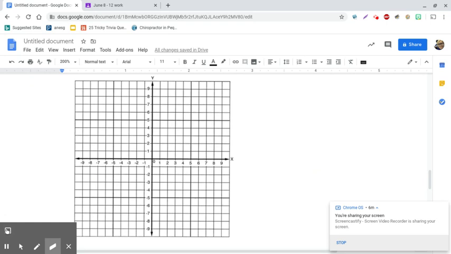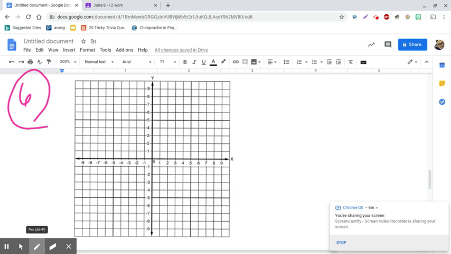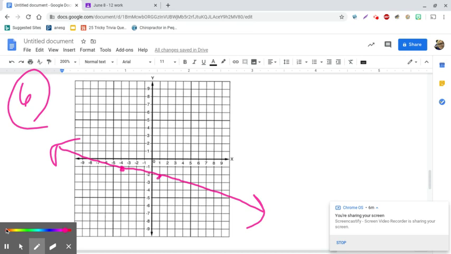I'm going to do one more. Let's go with here, and here. If we read this one like a book, we come to this point first, and to get to this point, we have to go down.